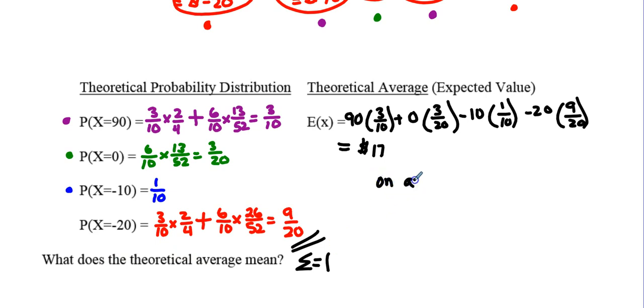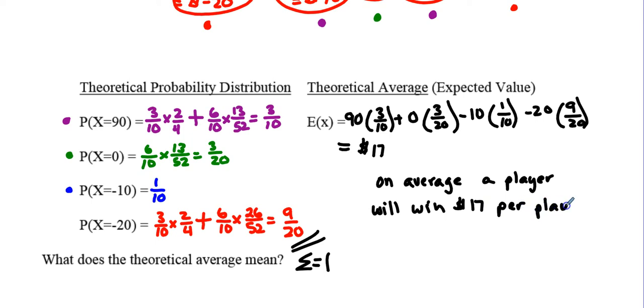On average, a player will win $17 per play. And again, the 4 things you want to say: average, player's point of view, how much they'll win or lose. This is a positive 17, so they'll win, and it's per play.